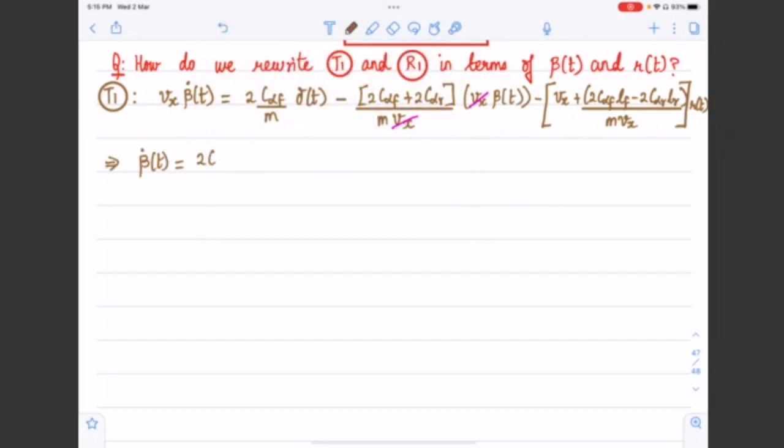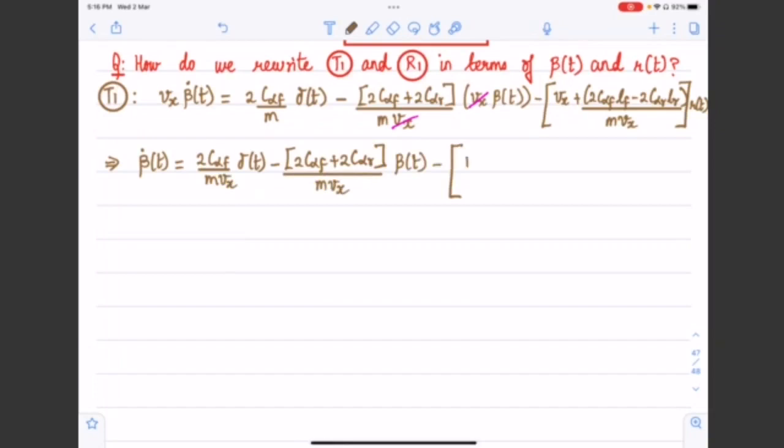So beta dot of t will now become 2c alpha f by m times delta t, minus 2c alpha f plus 2c alpha r, divided by, of course, I have to divide both sides by Vx, so this becomes m Vx, times beta of t, and minus, if I divide by Vx throughout, Vx will cancel off within this bracket, so I will get 2c alpha f Lf minus 2c alpha r Lr divided by m times Vx square, times r of t.